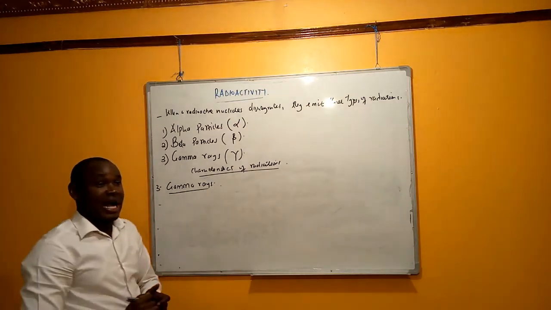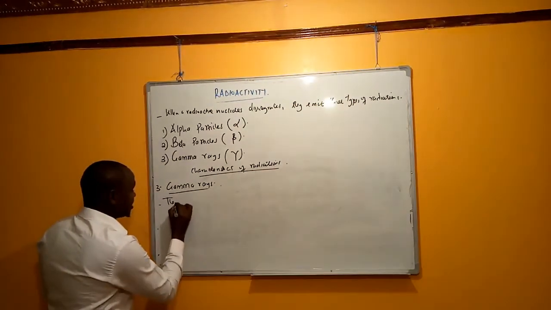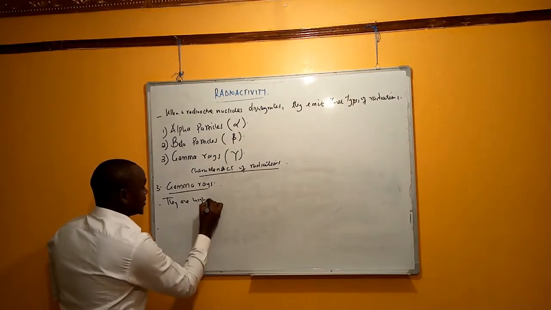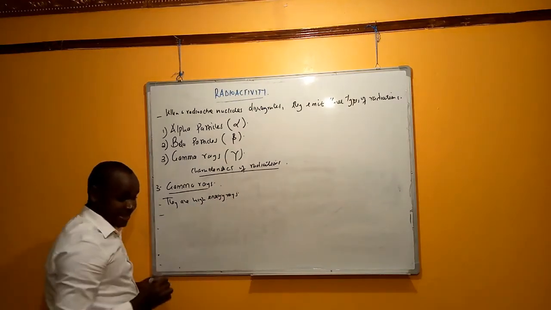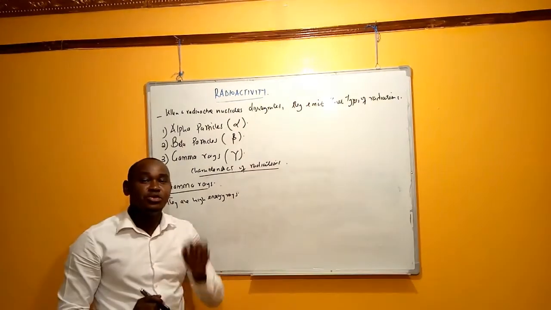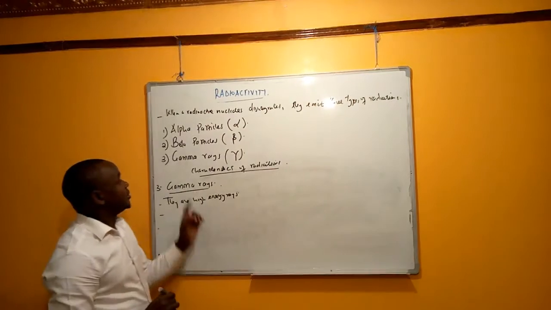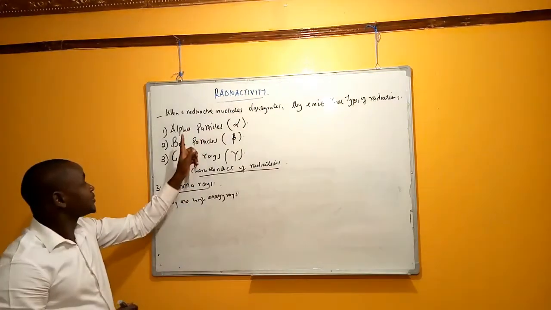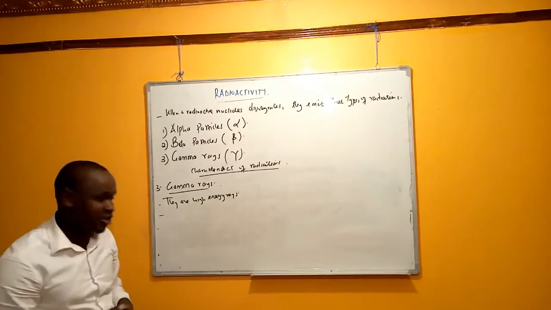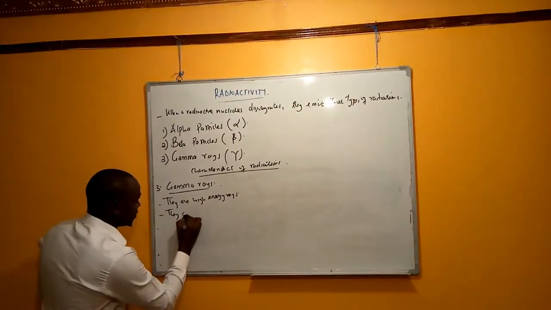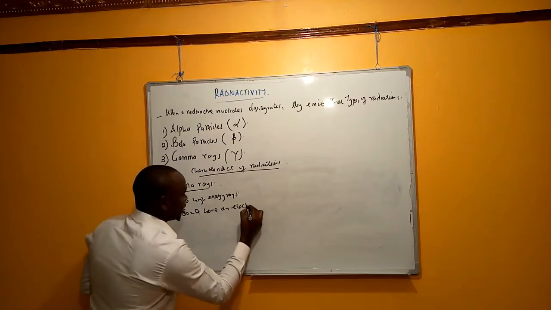Gamma rays are high energy rays. And number 2, they do not have an electrical charge. Alpha particles are positively charged, beta particles are negatively charged, but gamma rays, they do not have any charge.